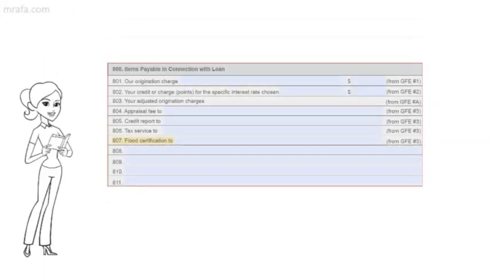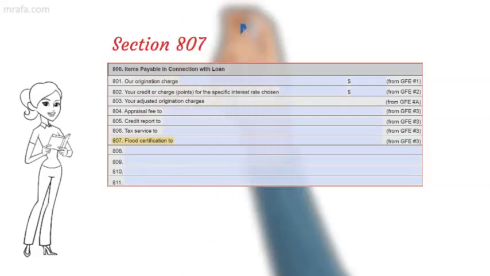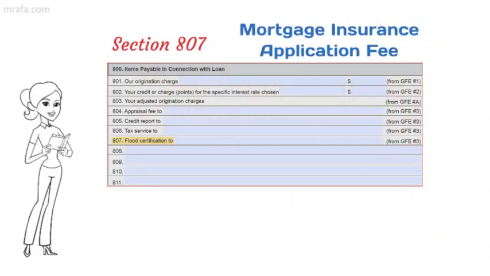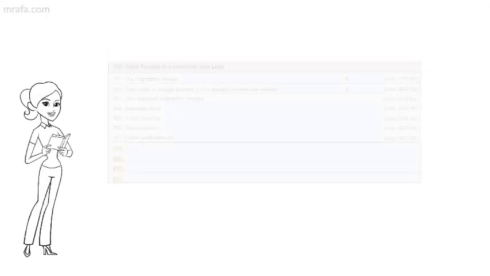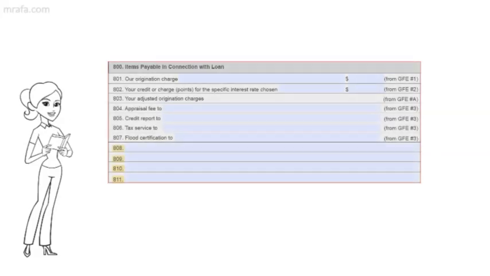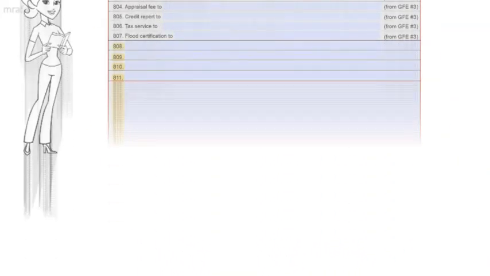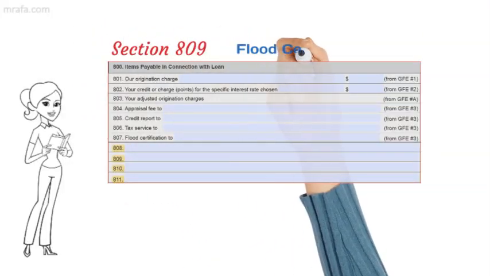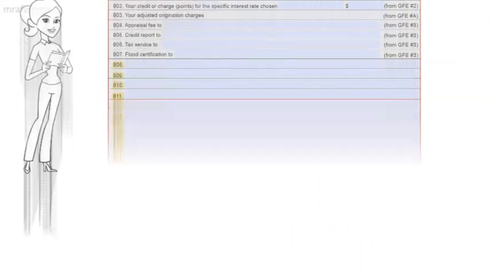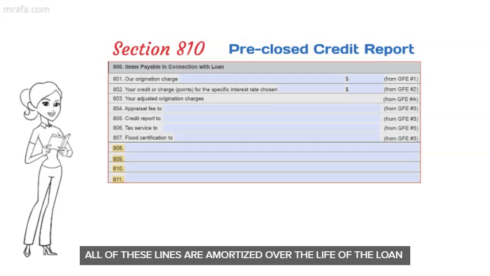Section 807 is like the mortgage insurance application fee. So this is kind of like any insurance for the property, like home insurance. Section 808 is the assumption fee. Section 809 is for flood certification. Section 810 is for other credit report fees.